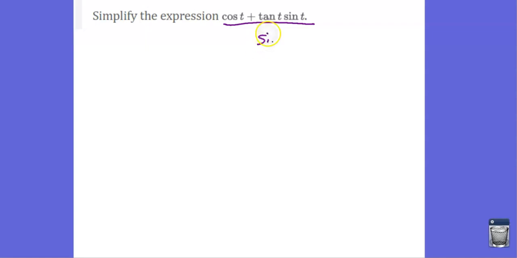And we know tangent is sine over cosine. By the way, just for brevity, I'm not going to write the t, so sine of t and cosine of t. I'm not going to write the t part, but that is important in the final answer. But just to simplify, I'm not going to.